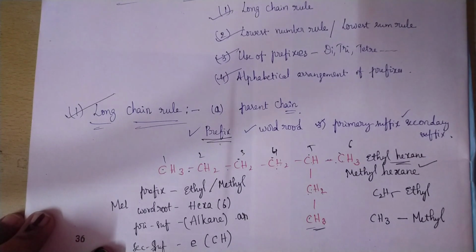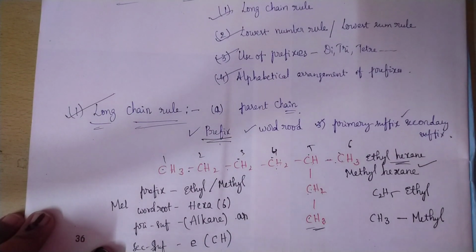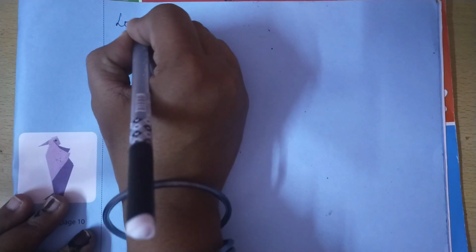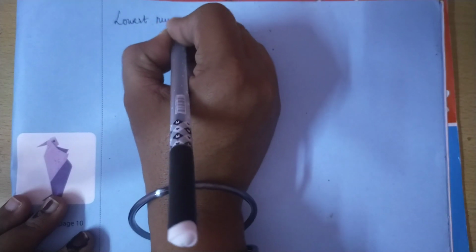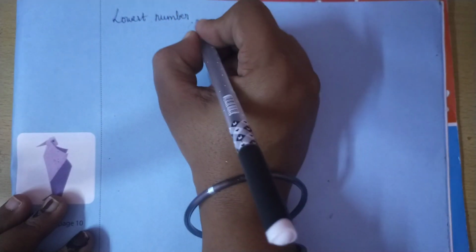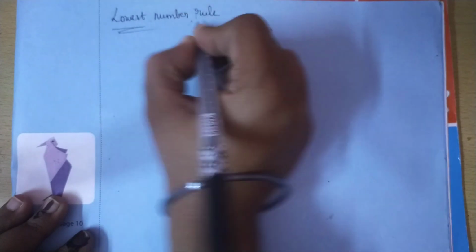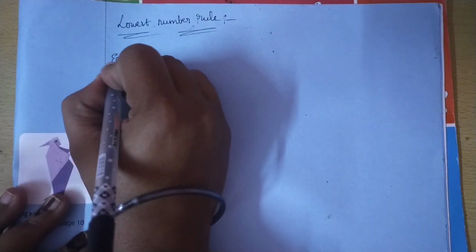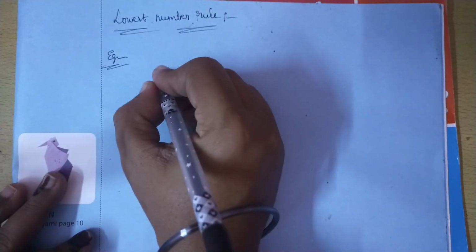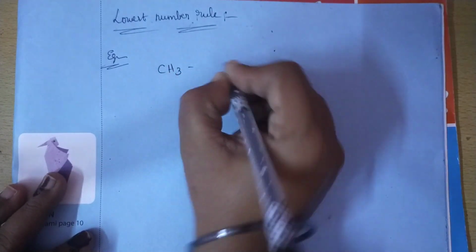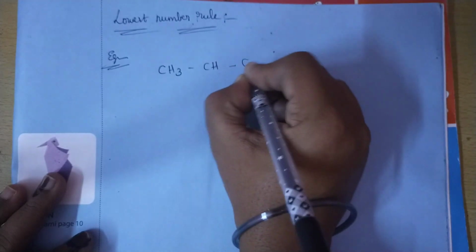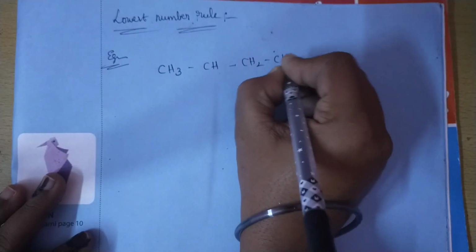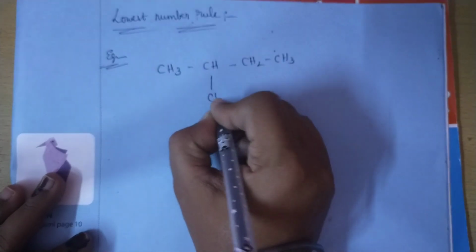Let's go for the second rule, the lowest number rule. Let's learn the second rule, which is called lowest number or lowest sum rule. So let's take an example directly. CH3, CH, CH2, CH3, the branch CH3.